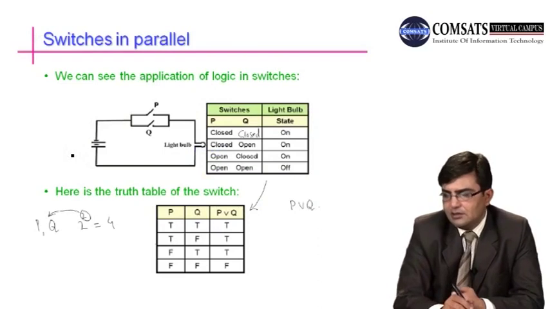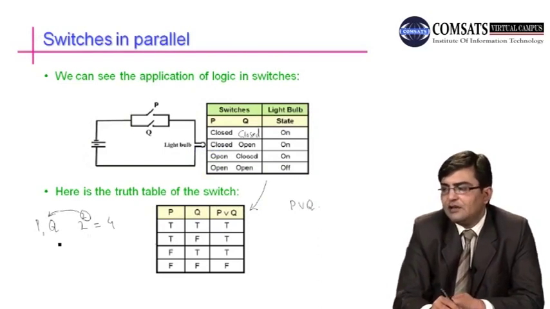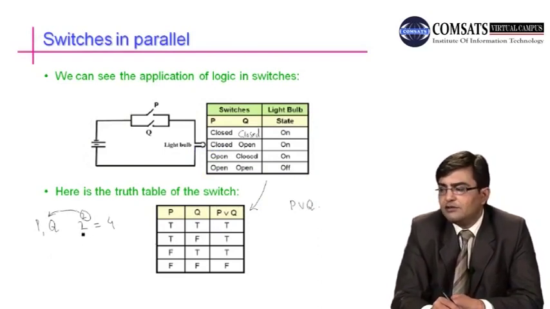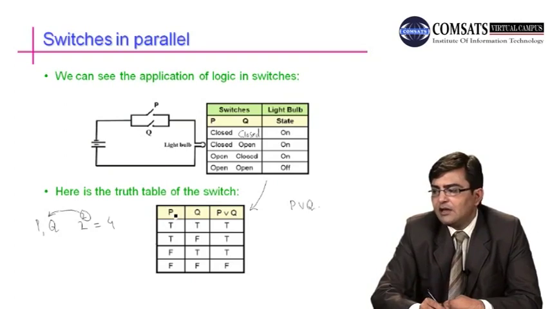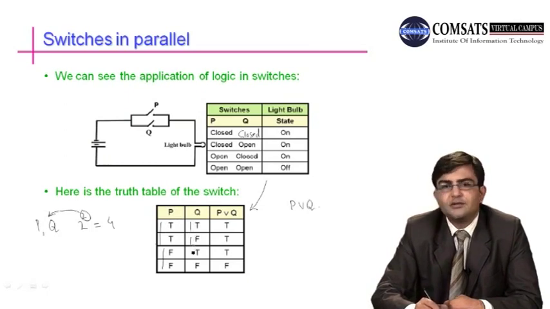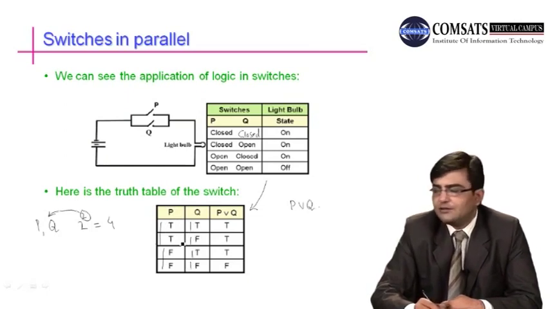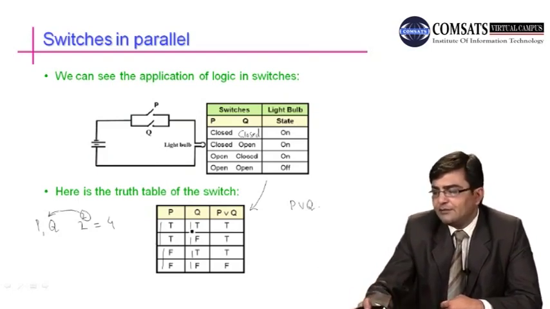In this example, we have 2 power 2, which is 4. So to write a truth table, we write P with 2 times true, 2 times false, and then for Q, 1 time true, 1 time false, 1 time true, 1 time false.